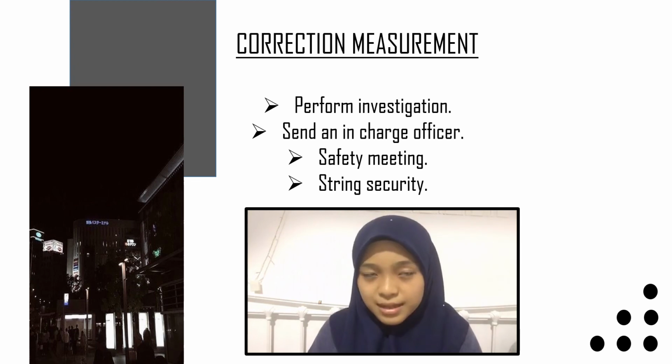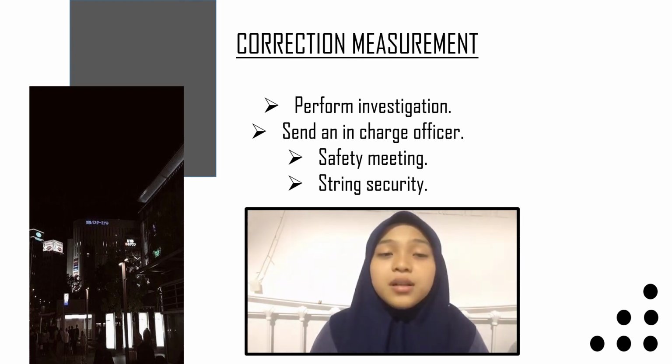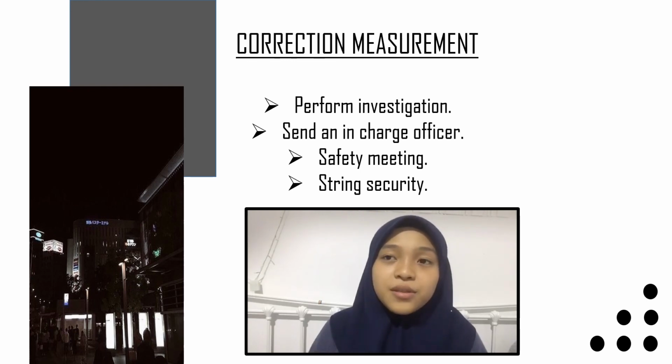For example, when the officer does some observation around the construction site, they can help the workers to notice any sign of hazards that the workers did not notice before. So the proper action can be taken, and the safety of all workers and the people involved in the construction site will be ensured.